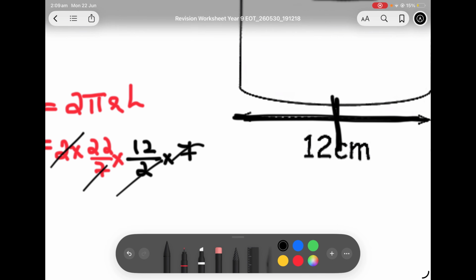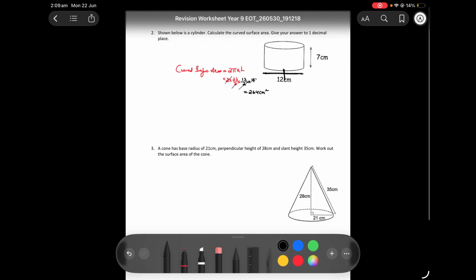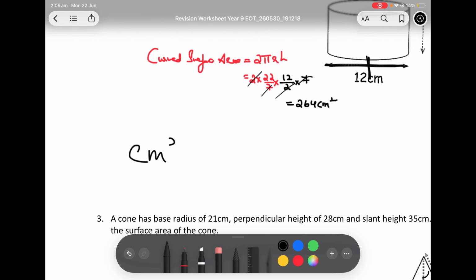You are left with 22 times 12, which is equal to 264 centimeters square. For the volume, the unit is centimeter cube. For the area, the unit is centimeter square.